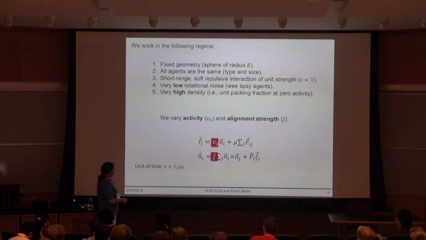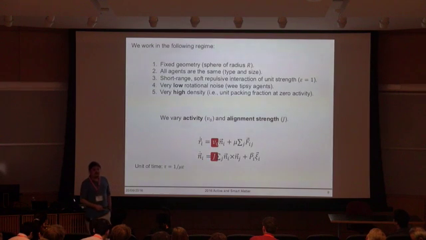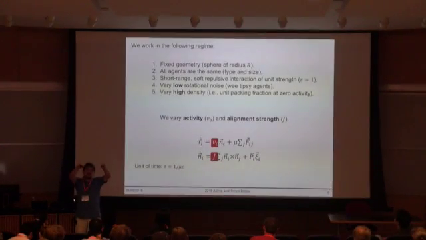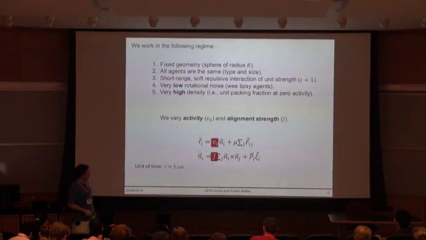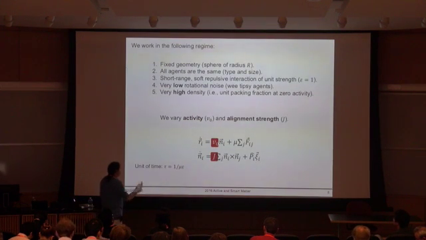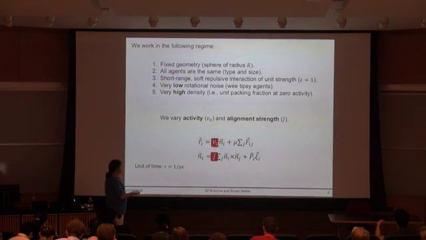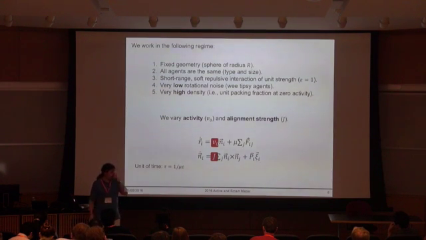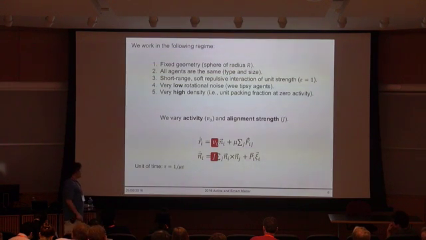And I'm going to tune the activity, which is the propensity to move, the push. And I'm also going to tune the coupling, the strength of the alignment between these small compasses, small vectors that are sitting on each particle. So everything else is fixed. The only things that are moving are the activity, the drive, and the alignment between neighboring particles.